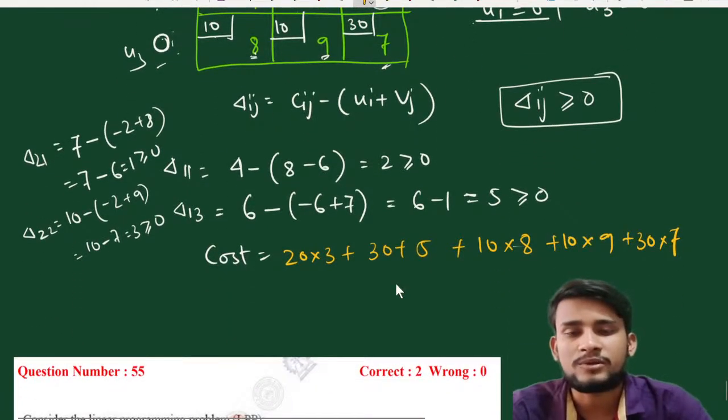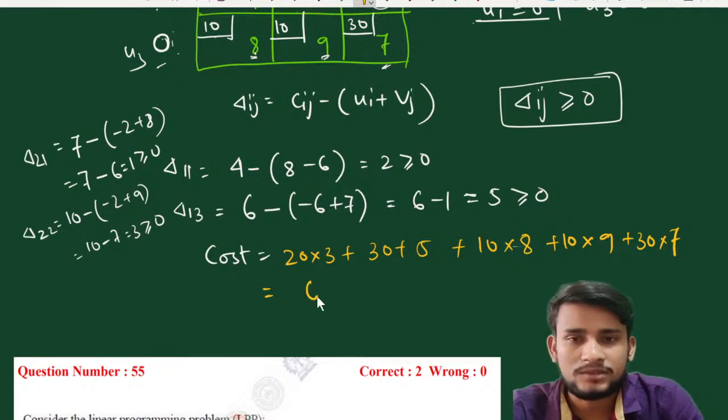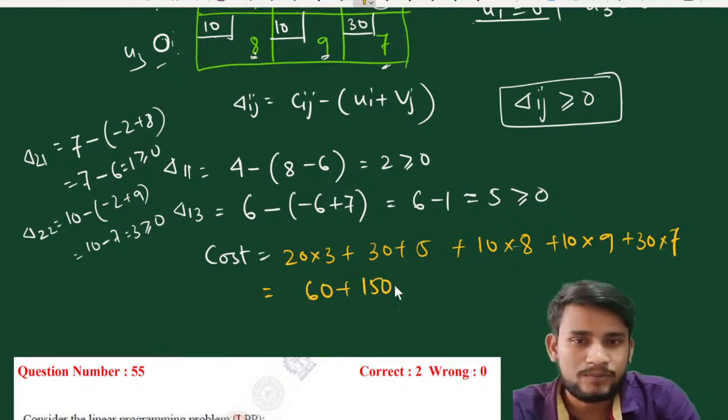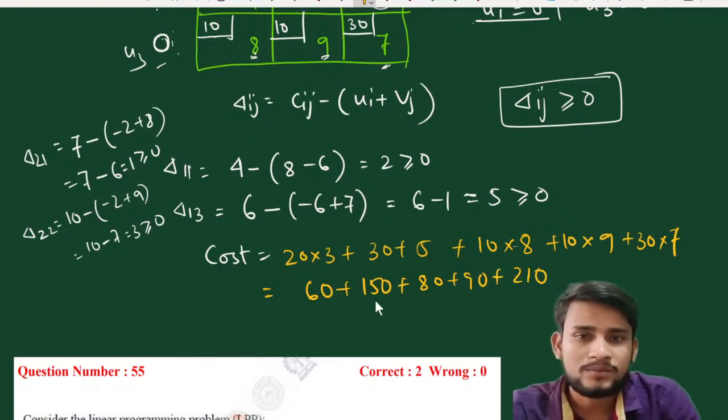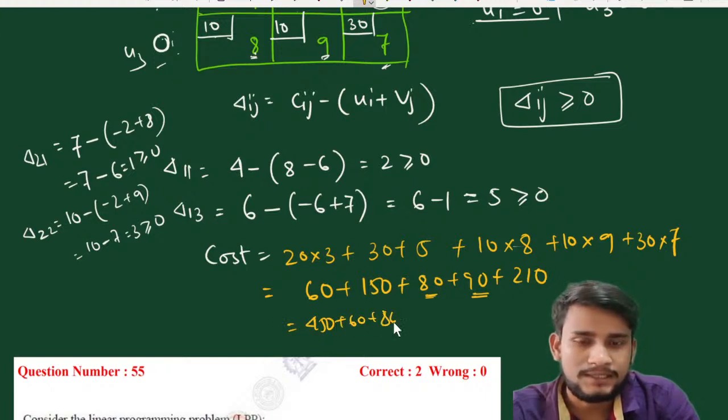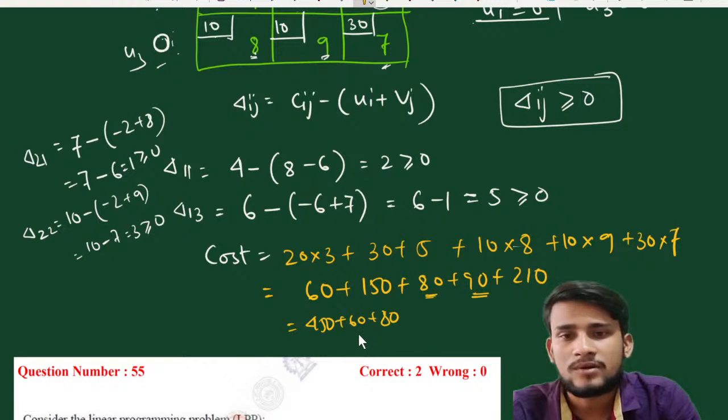Okay, so this is the optimal cost, and this is equal to 60 plus 150 plus 80 plus 90 plus 210. 150 plus 210 is 360, plus 90 is 450, plus 60 plus 80. I think this is equal to 590.